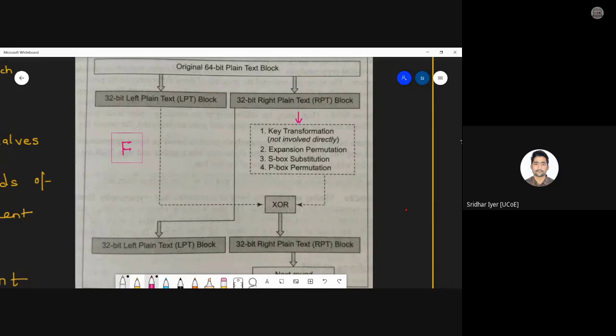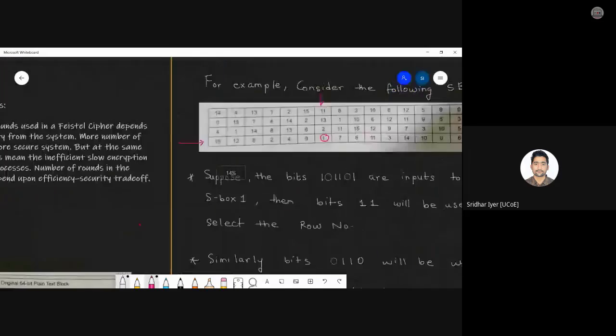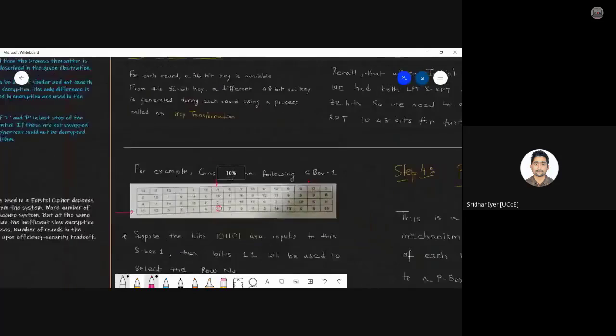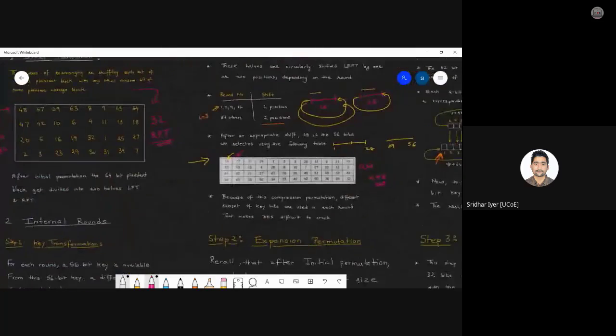We saw what exactly is the key transformation. We know that initially we have a 56-bit key, and from those 56 bits, we get a 48-bit key by simple transformations. As you can see, let me show you the table. This was the table we saw. Sorry, it's above. Yeah, this was the table we saw. The key transformation like this.